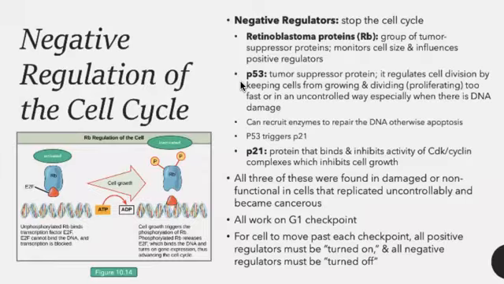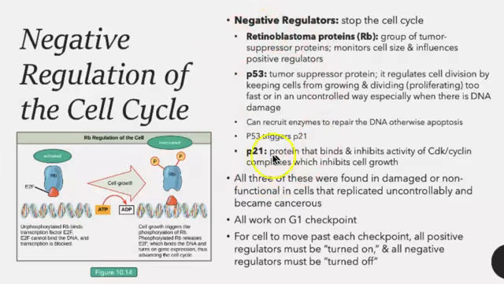Or if the damage is too severe, it can once again trigger apoptosis, or programmed cell death. Closely linked to P53 is going to be P21. This is a protein that inhibits that CDK-cyclin complex, and that directly blocks the cell cycle progression.